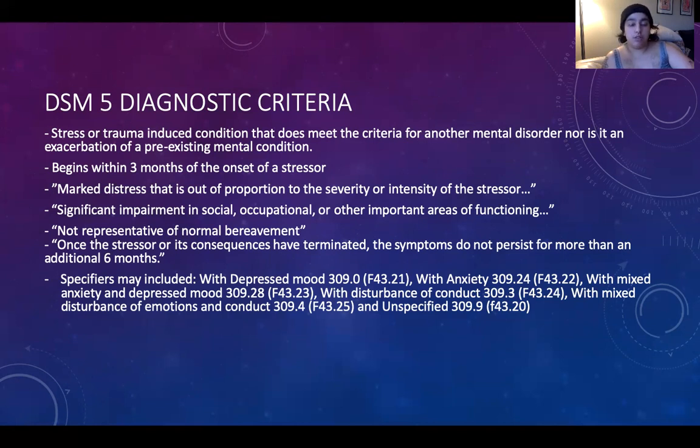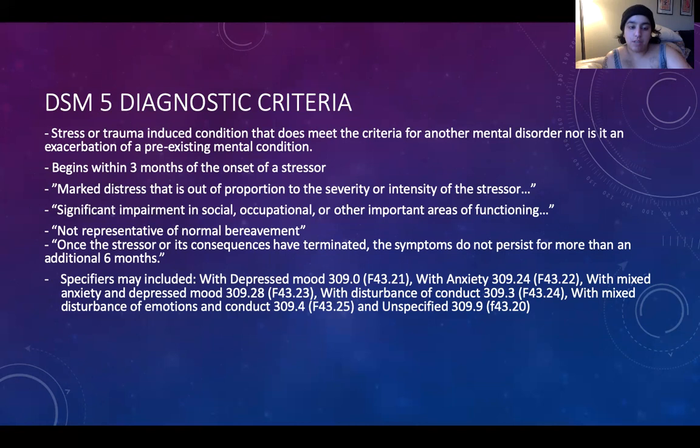Something really important, and I think the most specific thing to adjustment disorder, is the time frame. It must begin within 3 months of the onset of the stressor, or the stressful event that's come up for the client, and it must not persist for more than an additional 6 months after the stressor or its consequences have ended.